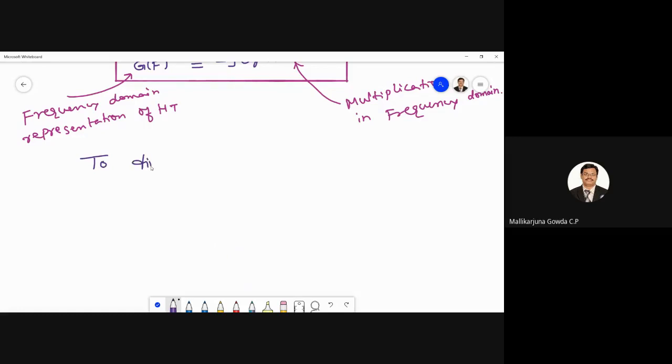To find the impulse response of the Hilbert transform, that is h_HT of t, let us use the derivative property of Fourier transform.